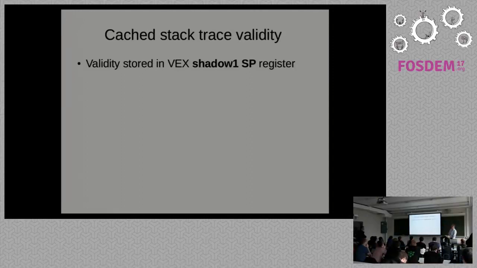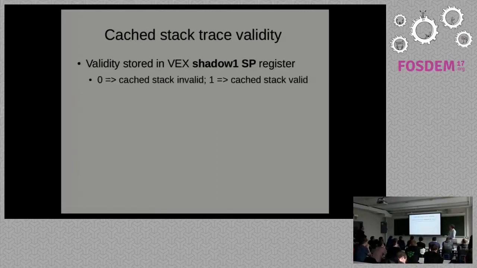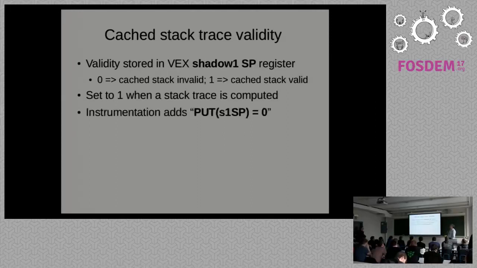So where do we store the cached stack trace validity? The cached stack trace validity is stored in a shadow register, because Valgrind does not use them, so I could use them, and I decided to use the stack pointer shadow register. If it is 0, it means the cached stack trace is invalid, and 1 means the cached stack trace is valid. It is set to 1 when the Valgrind runtime computes a stack trace.